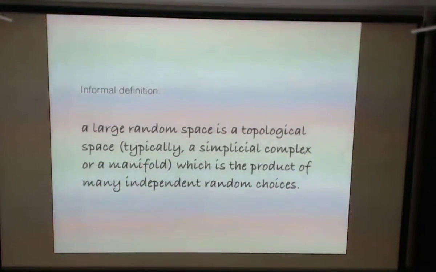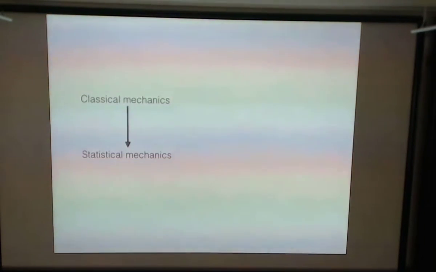So the situation here is a little bit similar to what happens between classical mechanics and statistical mechanics. These are two different theories, which are very different, but they don't contradict each other. They support each other and live independently, and they are valid under different assumptions.